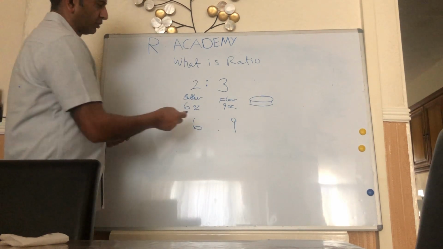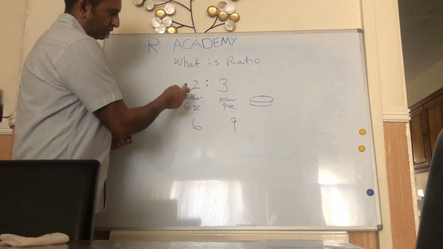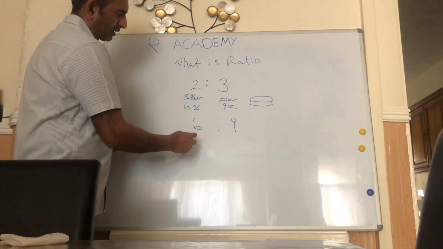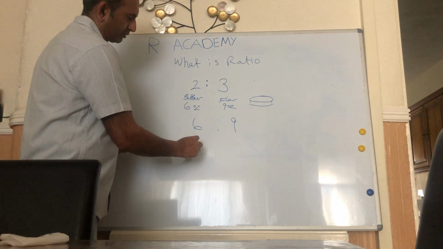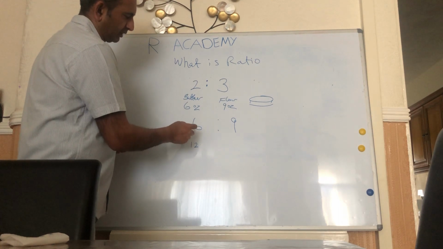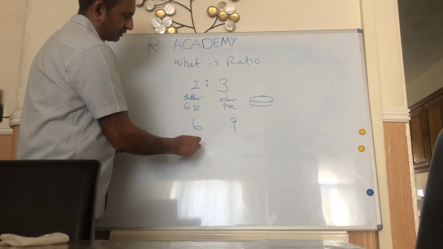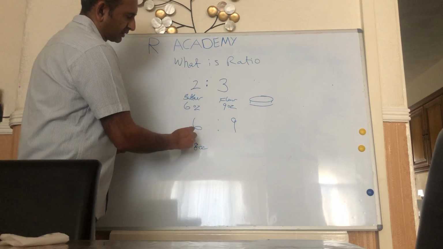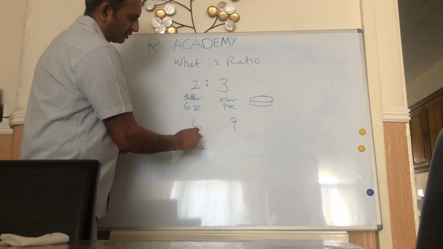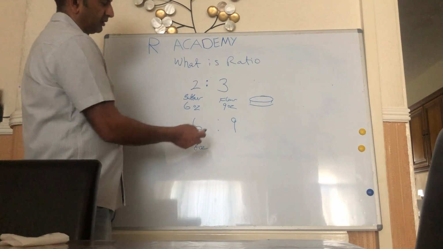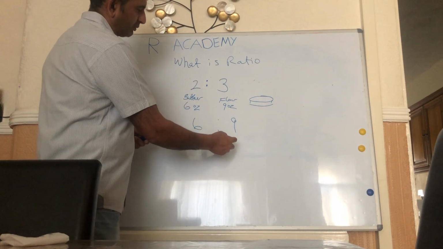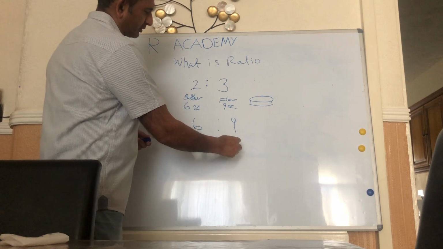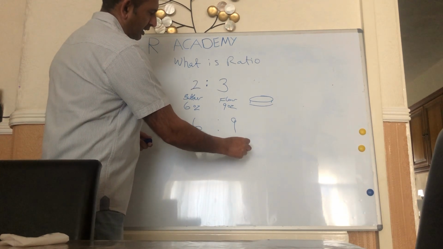So then you would use 3 times 6, which is 18 ounces of butter, and then 3 times 9, 27 ounces of flour.